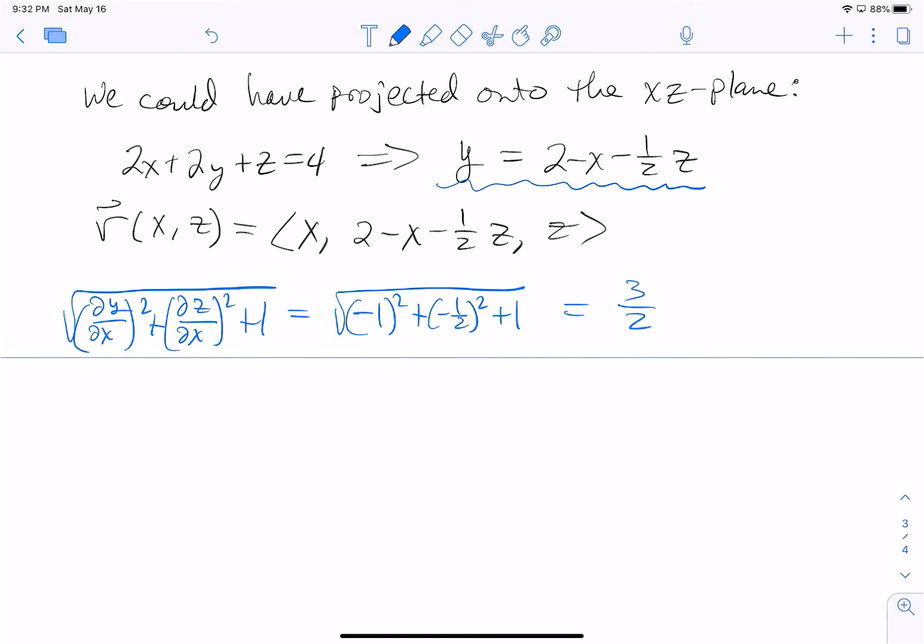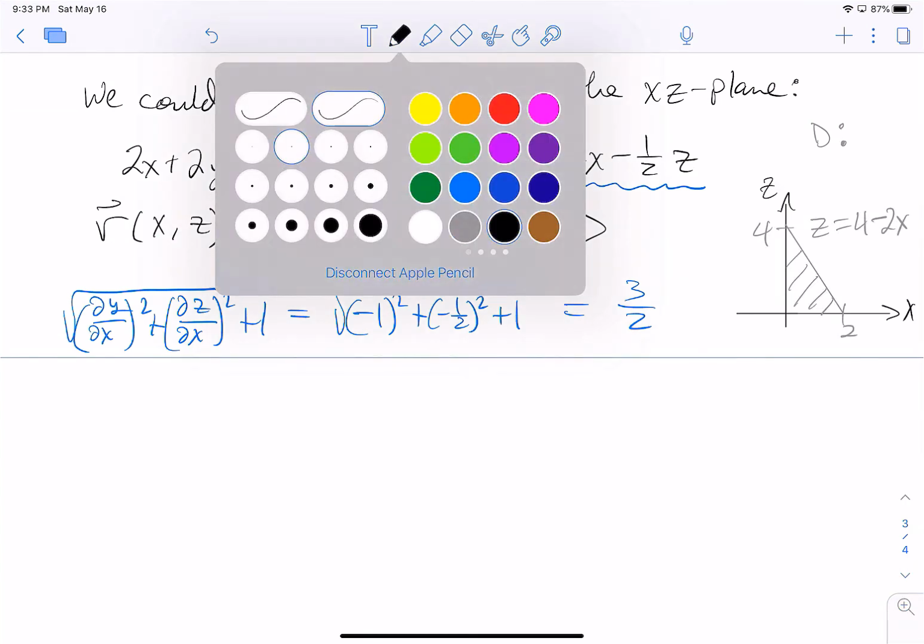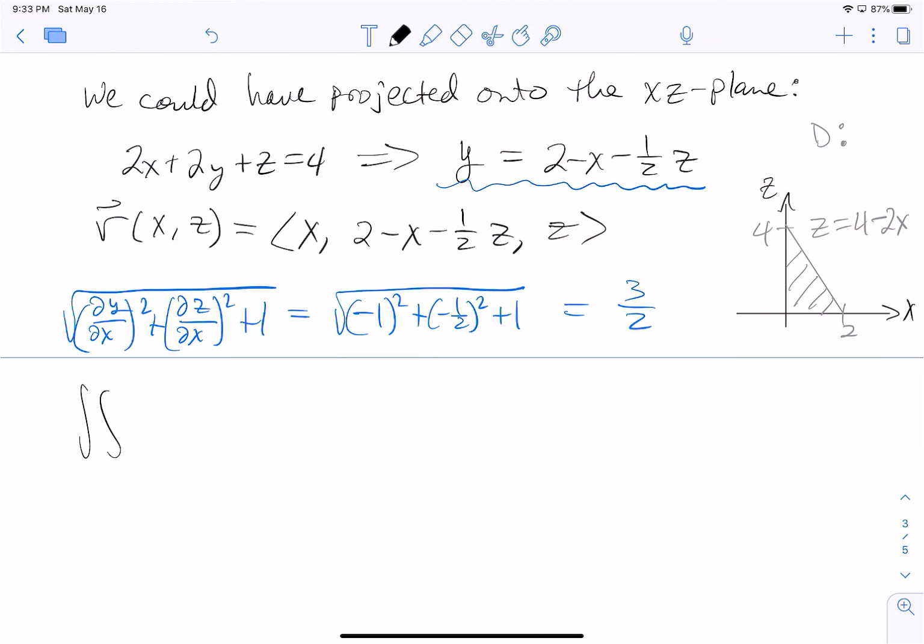And you say, well, that's a different value than we got before. We had 3 before. Yeah, I know, it's true. And we also have a different region in the xz plane. Letting y = 0, we end up with z = 4 - 2x. So our surface integral over S of xz dS then becomes the integral where z goes from 0 to 4 - 2x, and x goes from 0 to 2.